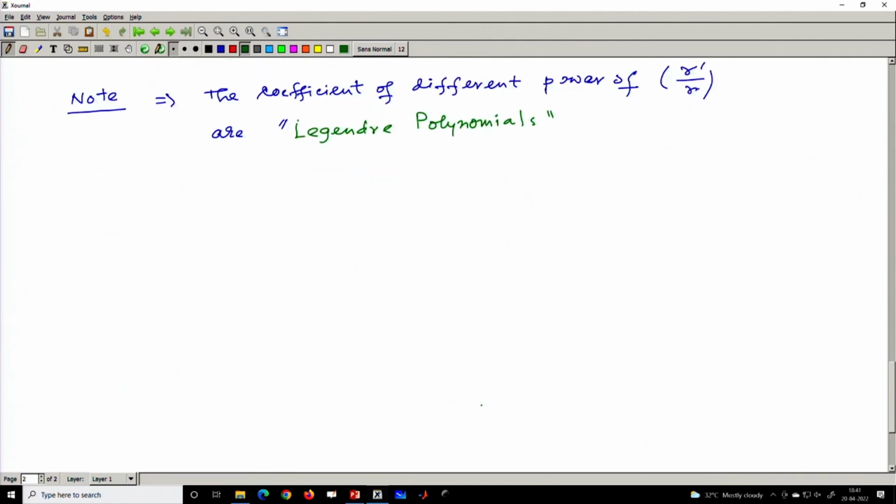So, what is a Legendre polynomial? Let us quickly understand.